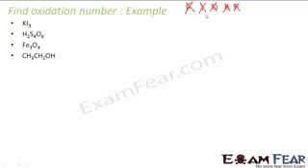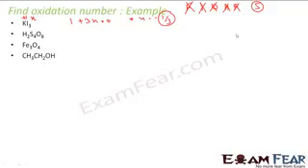We will apply the next principle, that is group 1 will have +1. There is a group 1 element, K, so this becomes +1, and let the iodine be x. Then with the sum principle, that the sum of all the oxidation states is 0, we get 1 for potassium and 3x for iodine is equal to 0. x comes out to be -1/3, and you see this is fractional, right?